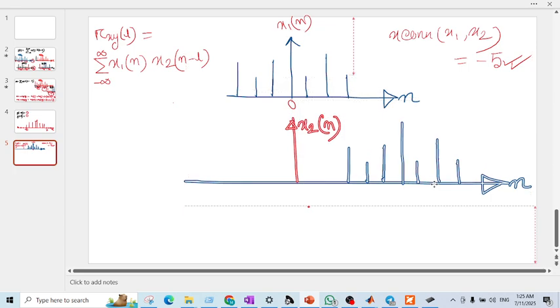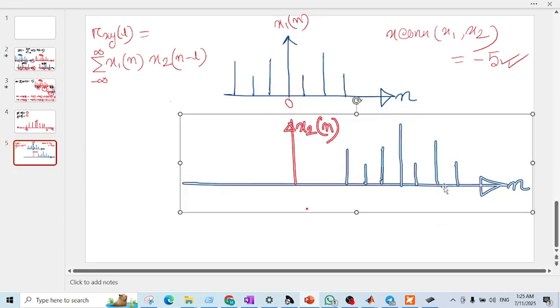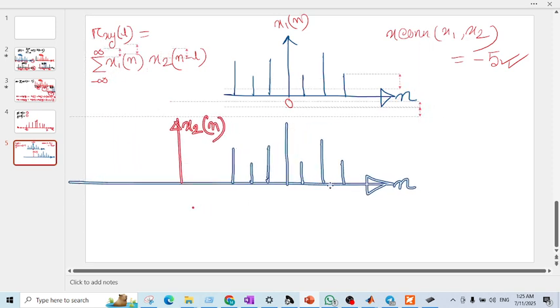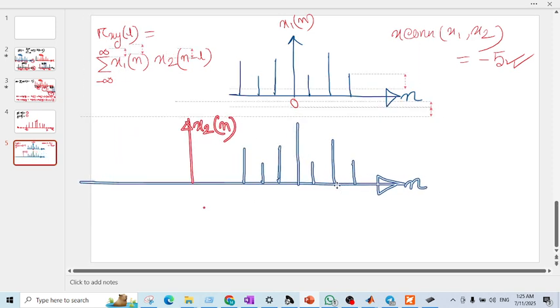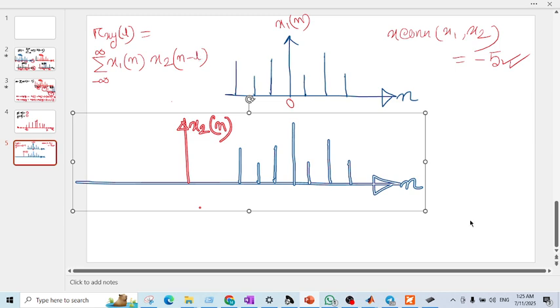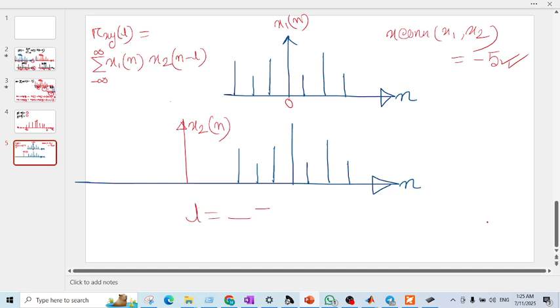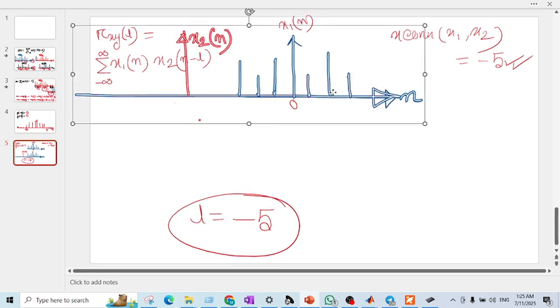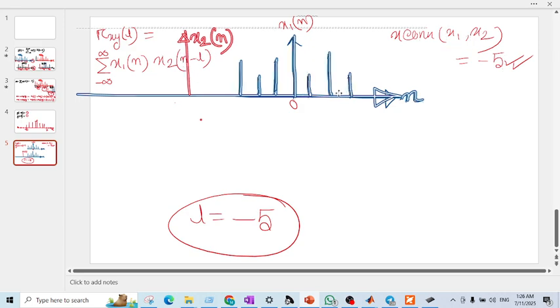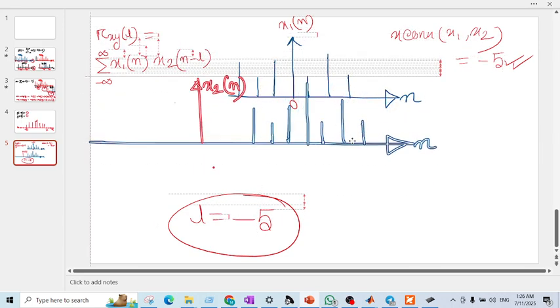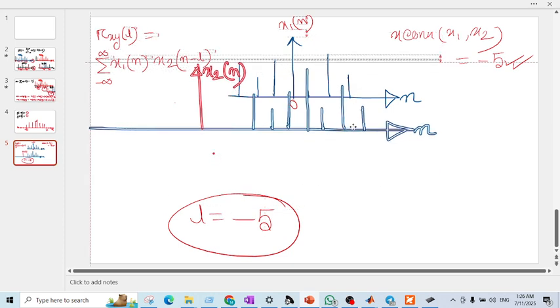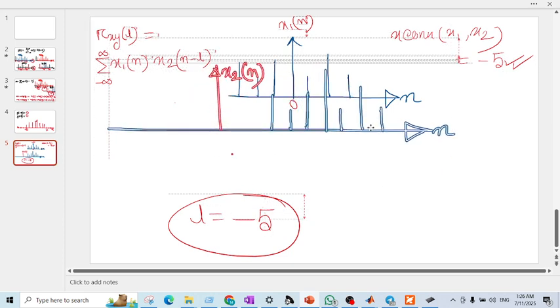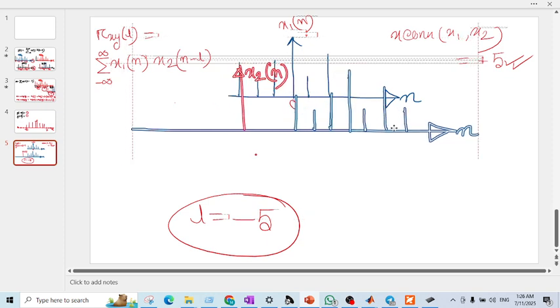Let me tell you again. This is my original x2, but if I shift this, the signal will be shifted here. If L is equal to -5, then x2 will be here. And then if you multiply these two signals, you will get the highest value. And then if L is equal to -4, your signal will be here, and if you multiply these two signals, you will get a lower value.